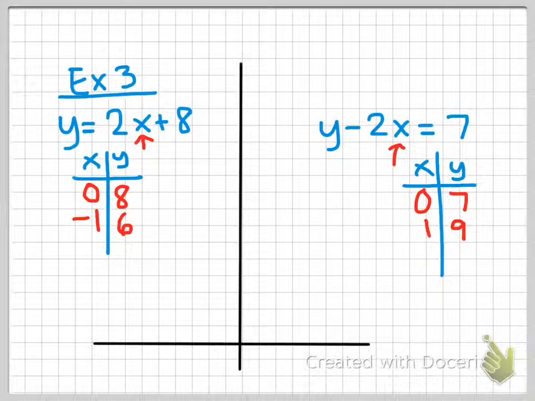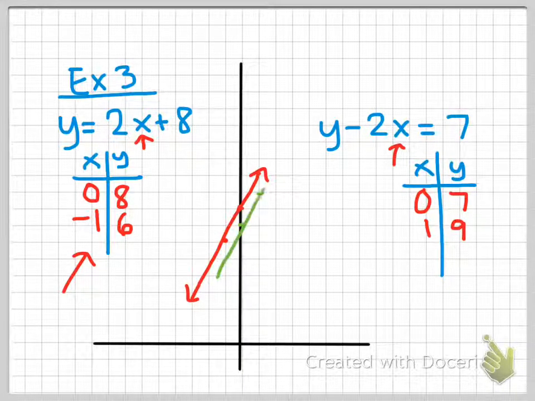Let's start with this one, (0, 8). 1, 2, 3, 4. (0, 8) is right there, and (-1, 6) is 1, 2, 3, 4, right there. So if I graph a line. Then we'll graph the second line in green. (0, 7) is 1, 2, 3, 4, right there. And (1, 9) is right there.